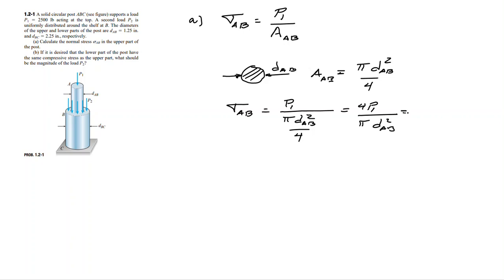And then we substitute: it will be 4 times, what is the magnitude of P1? We're talking about 2,500 pounds, divided by pi times, what is the diameter of AB? 1.25 inches.